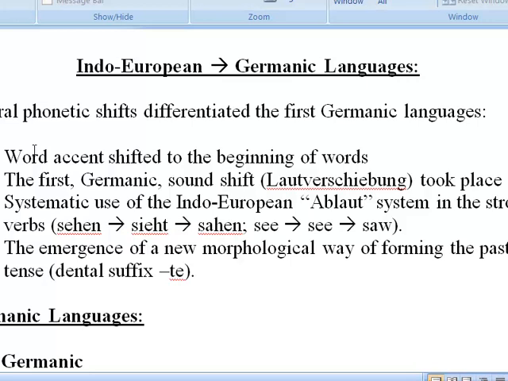Like in German we have the word spielen, to play, and then the past tense, spielte. And in English we have that too, to play or played. Like I play the guitar, I played the guitar. And that's something that you see in all the Germanic languages.